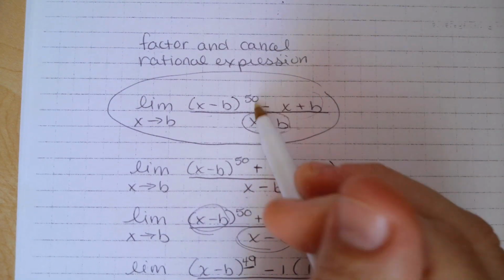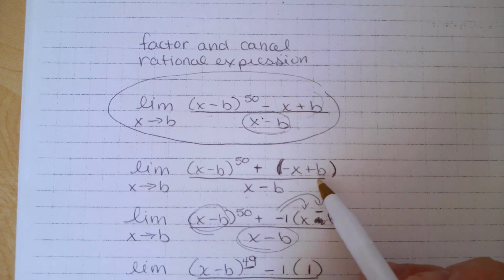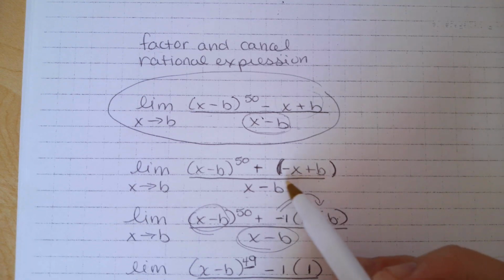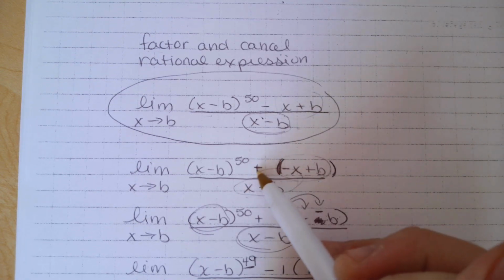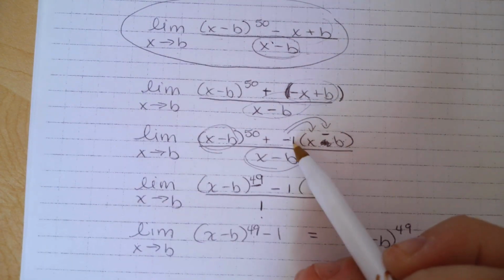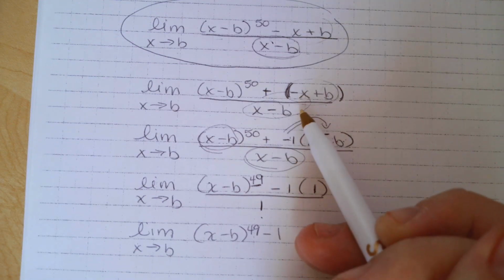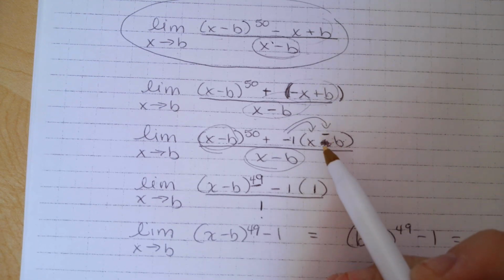And we noticed that this is the same as adding a negative x plus b. And then we could see that this is the opposite sign as our denominator. So to make that work out, we went ahead and factored out a negative 1. That made that instead of a negative x, a positive x. Instead of a positive b, a negative b.